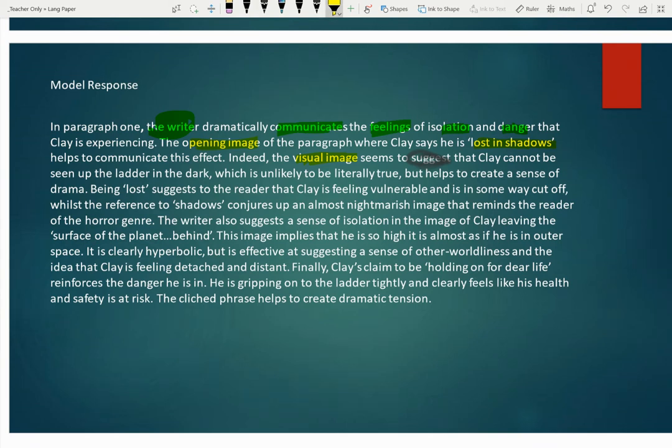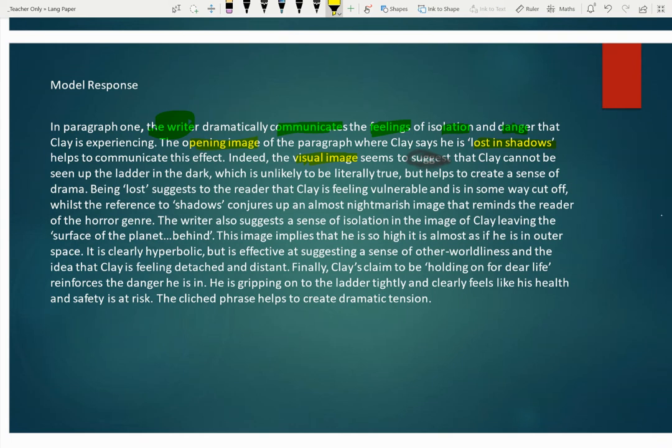So this image suggests that Clay cannot be seen up the ladder in the dark. So I'm starting with the literal here. He's lost in the shadows, suggests he can't be seen. So I'm showing the examiner that I understand the literal meaning. But then I go on to say, but that's unlikely to be literally true because he's not that high up really. But it does help to create a sense of drama.